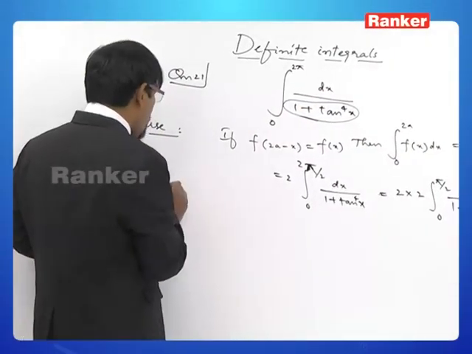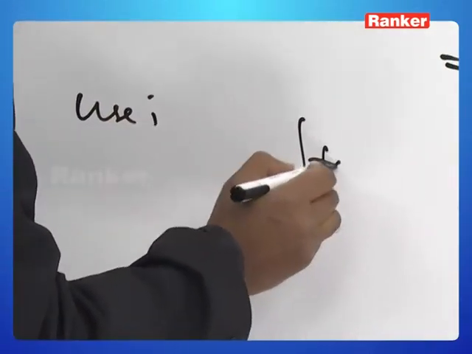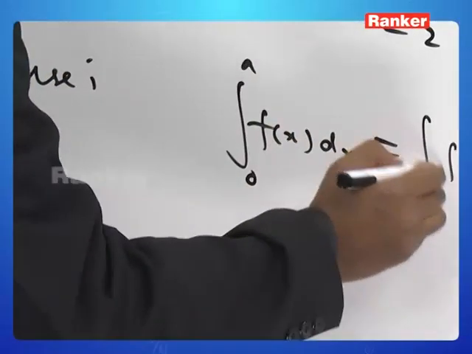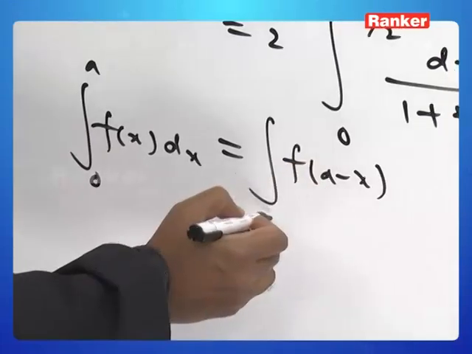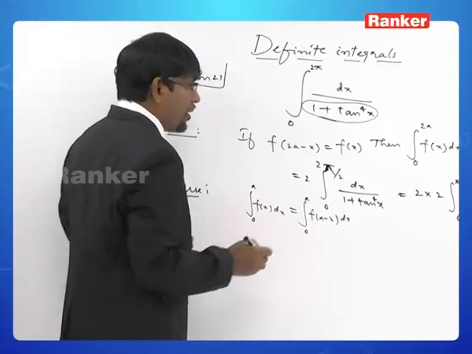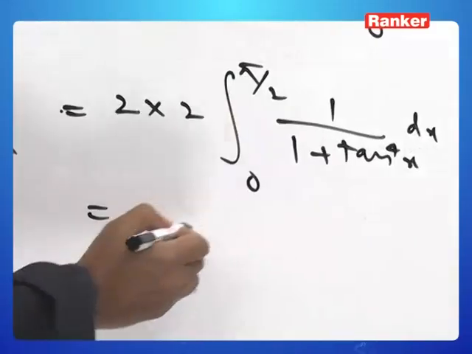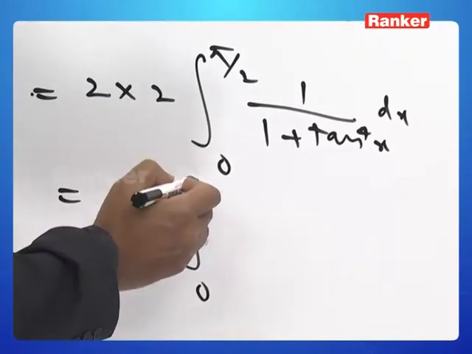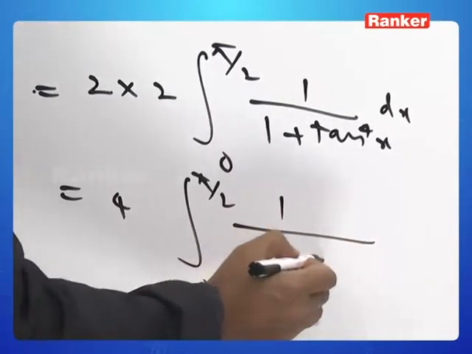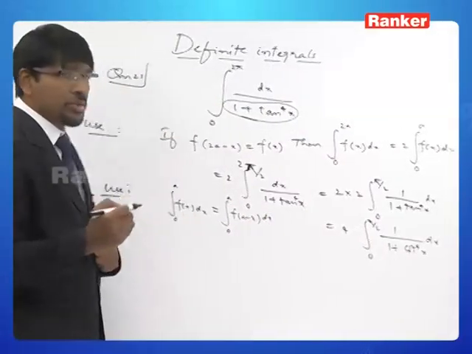Now, again we use the property, integral of f of x dx from 0 to a is equal to integral of f of a minus x dx from 0 to a. Use this property. So, now I can replace this x with pi by 2 minus x and write this as 4 times integral from 0 to pi by 2 of 1 by 1 plus cot power 4 x, because tan of pi by 2 minus x is cot x.